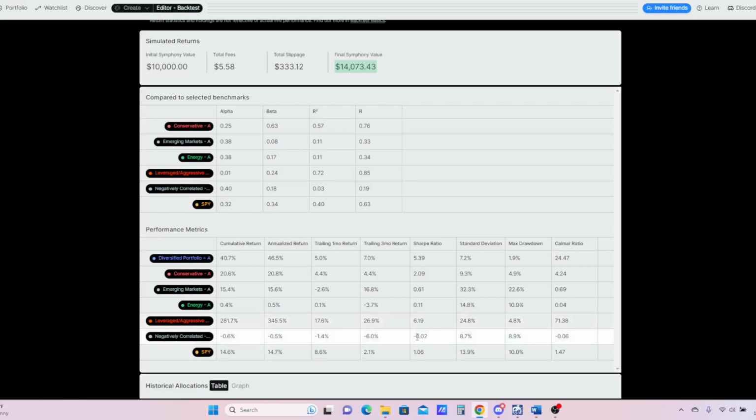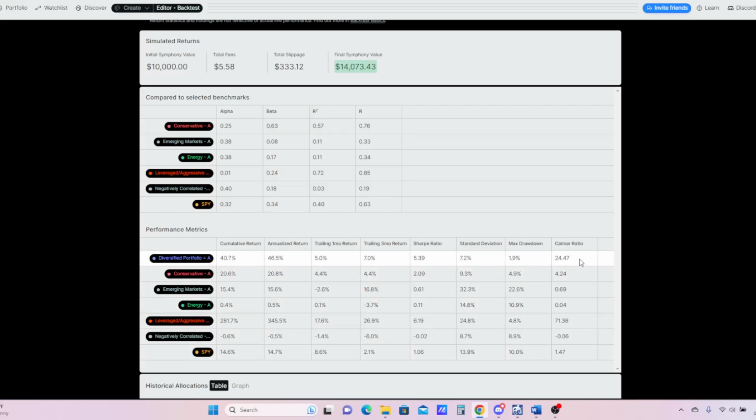So negatively correlated, a negative 0.02. Let's see, what else? Standard deviation, 7.2. Again, lowest one, which is kind of nice because that'll tell you what the expected volatility will be of the whole portfolio. And the fact that it's lower than all of these, kind of nice.